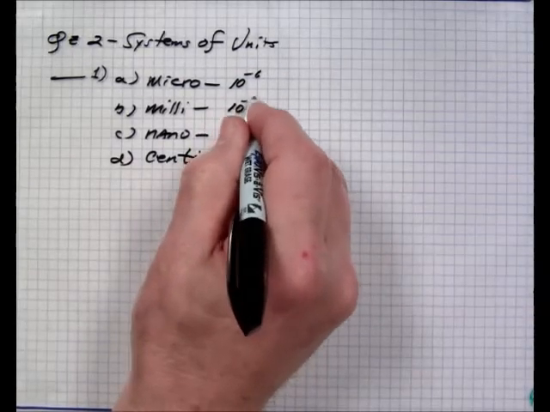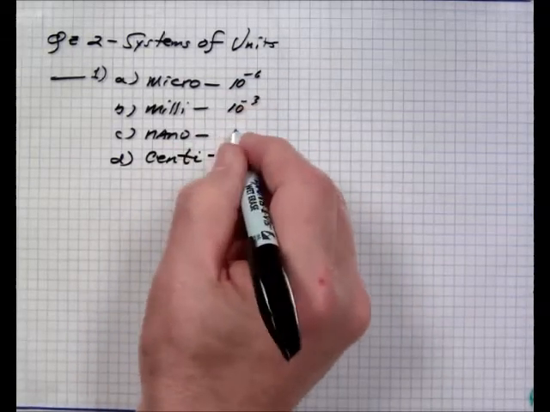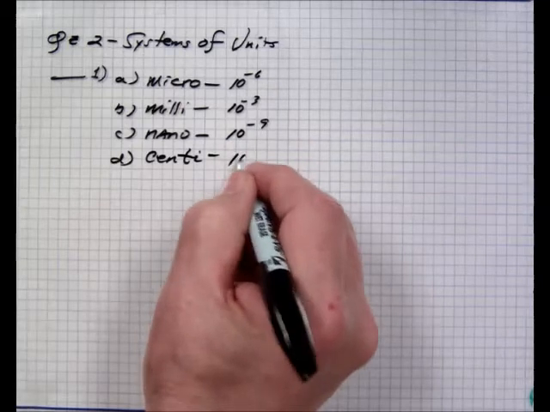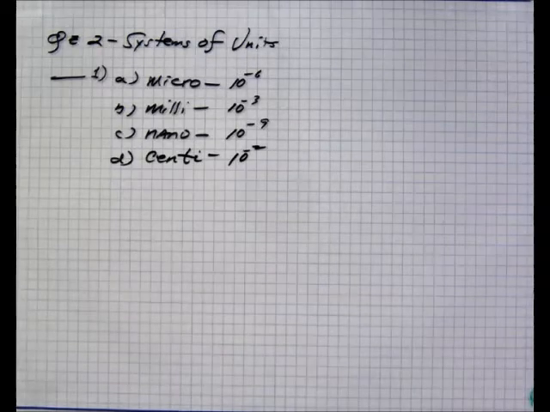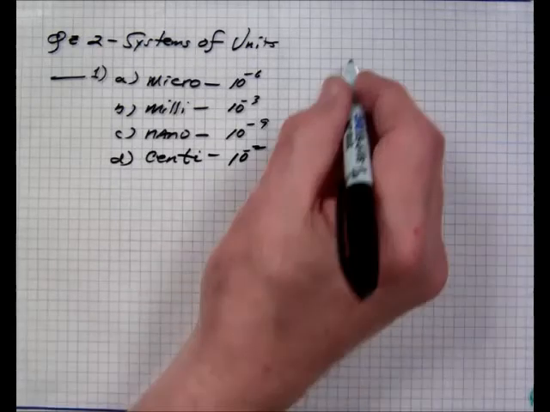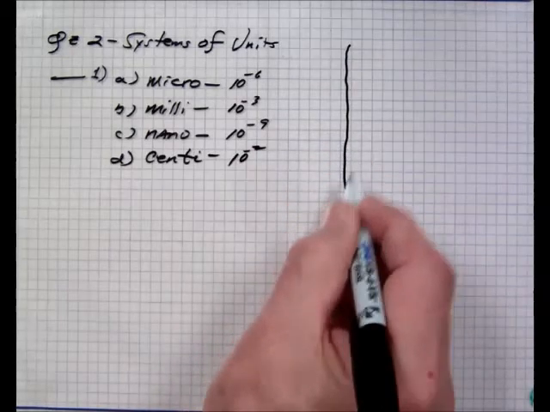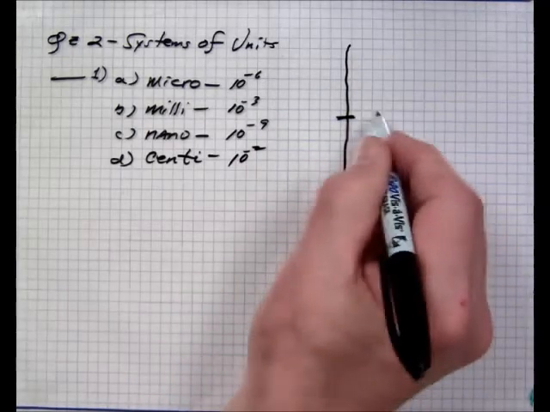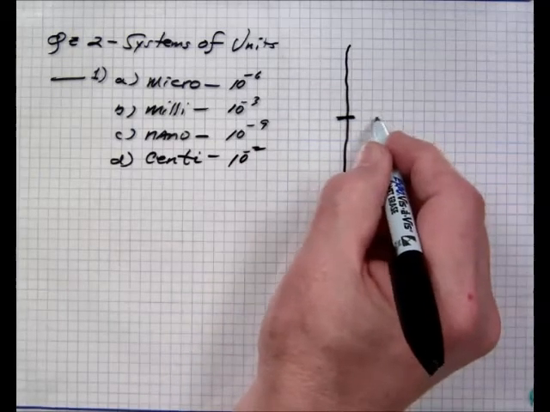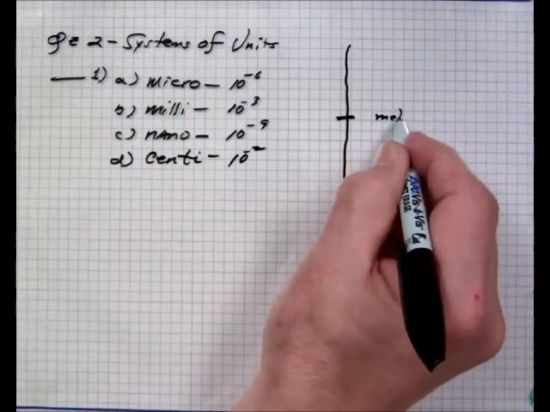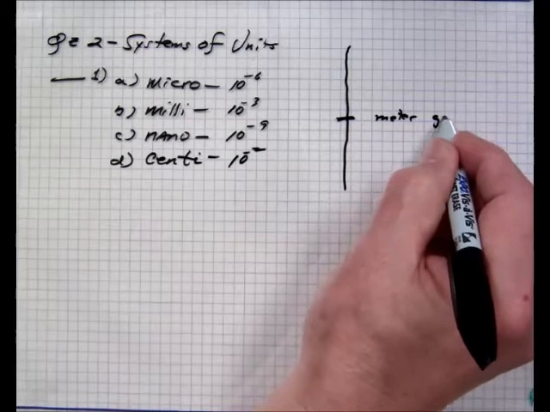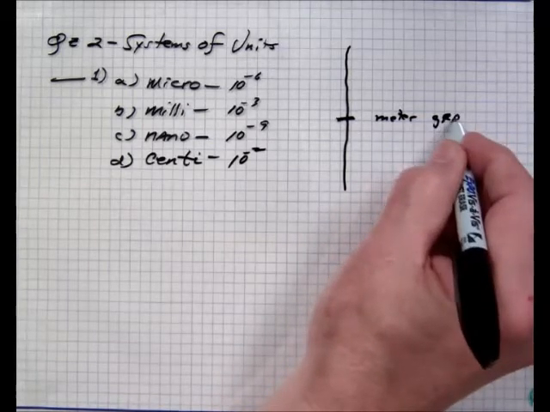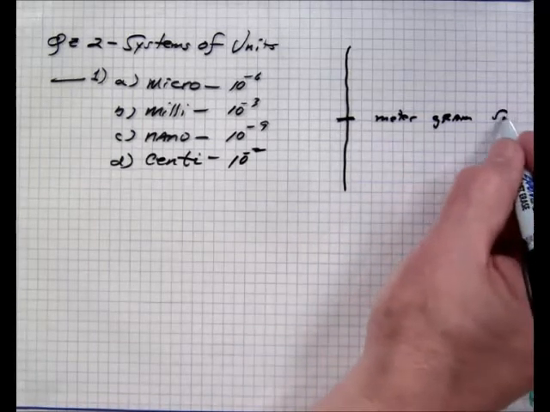Milli is 10 to the minus 3, 1,000ths. Nano is 10 to the minus 9. And this is 1/100, 10 to the minus 2. Now you need to go back and look at that diagram that I drew, which says, well, we have a standard in the middle, which can be meter, gram, even though it's not the standard, and second.